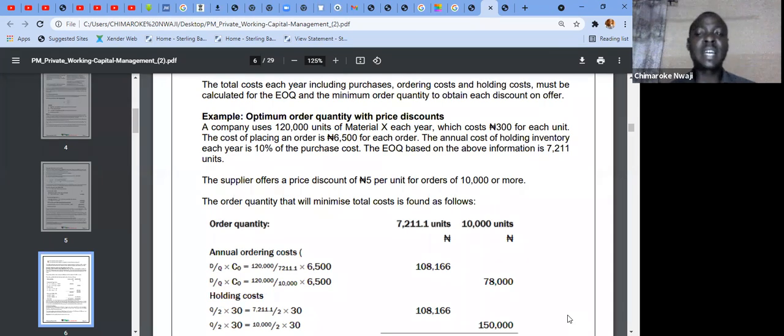So it means that if you are looking at EOQ 7,201, you are still going to be paying 300 naira. But the moment you buy 10,000 units, they will give you at 295.